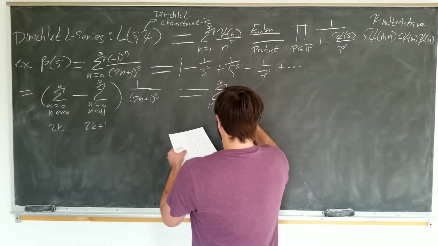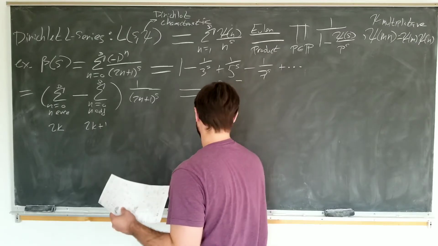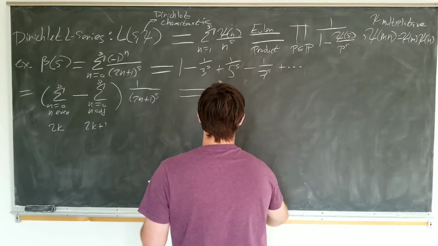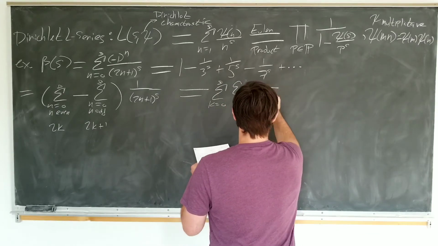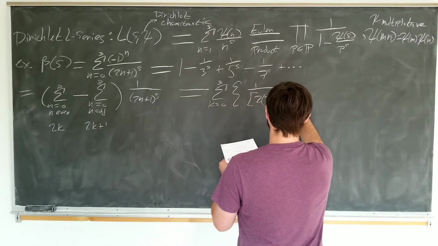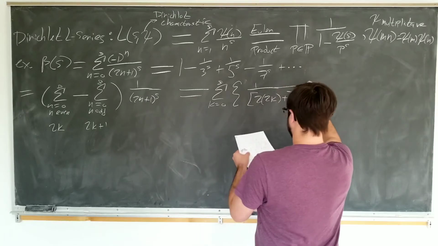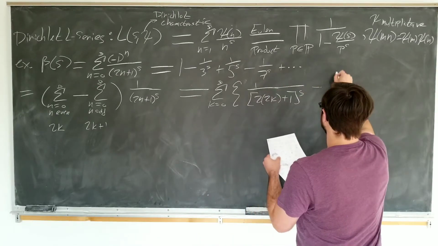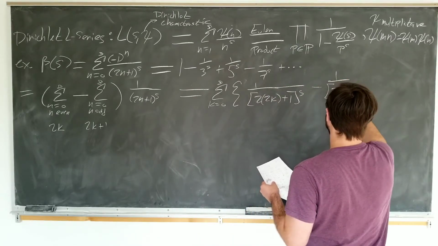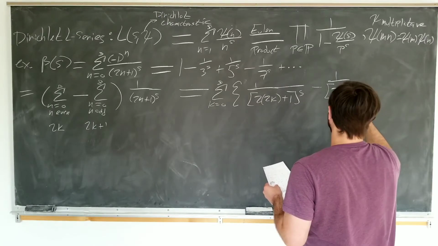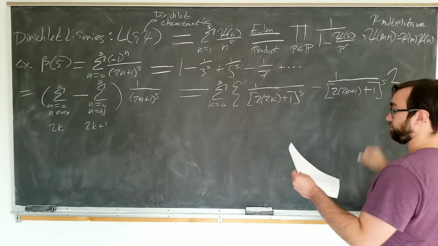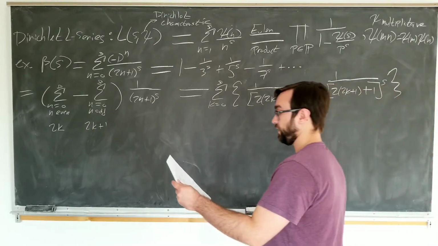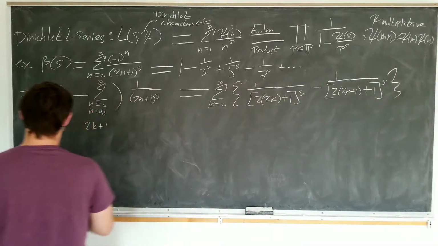We're going to need more parentheses. 1 over (2 to the 2k plus 1)... these are the even terms to the s power, minus 1 over (2 to the 2k plus 1) to the s power. Fantastic. And now we can multiply these out.